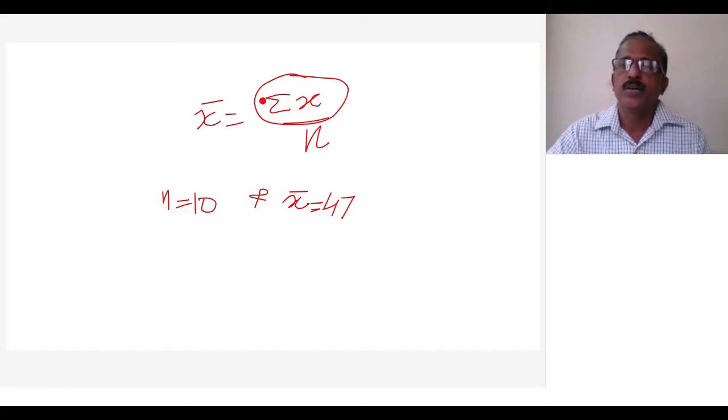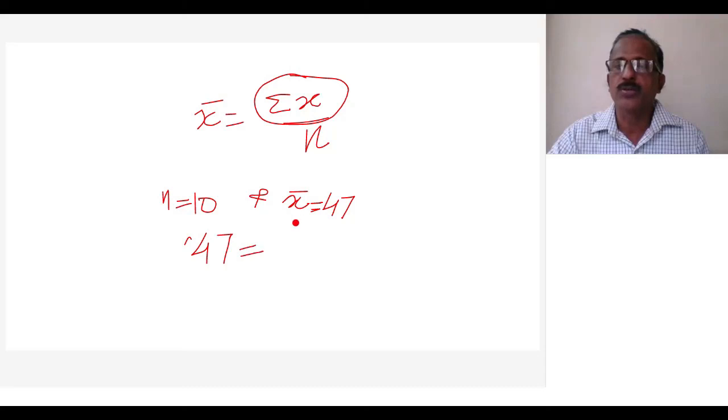So from this relation, x bar is equal to 47, that is 47 is equal to sigma x divided by n. N is equal to 10.